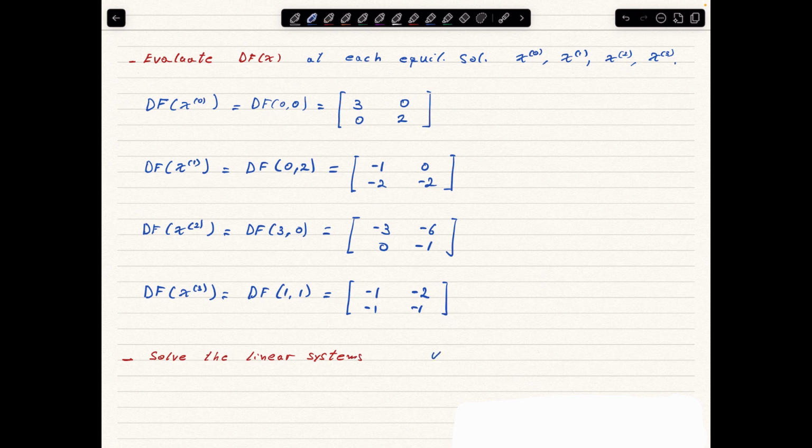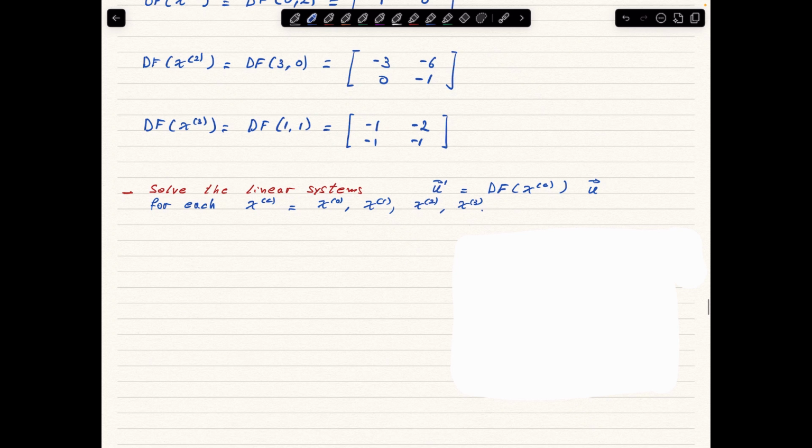Well, the linear system u prime as a function of t equals these derivative matrices at the critical points x critical, times u, for each critical point xc, I call it, which is any of x0, x1, x2, and x3.